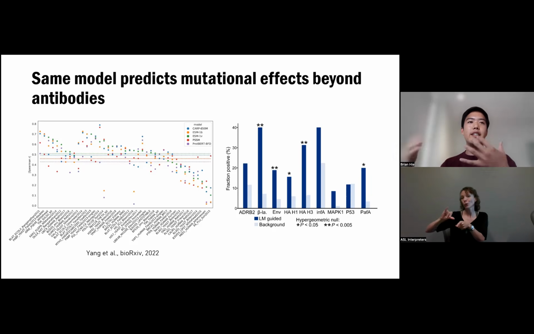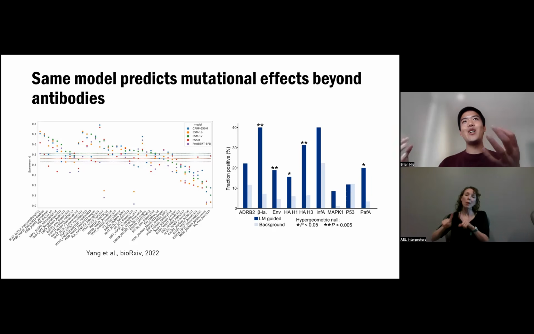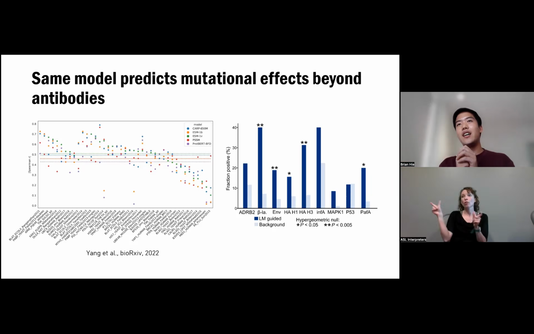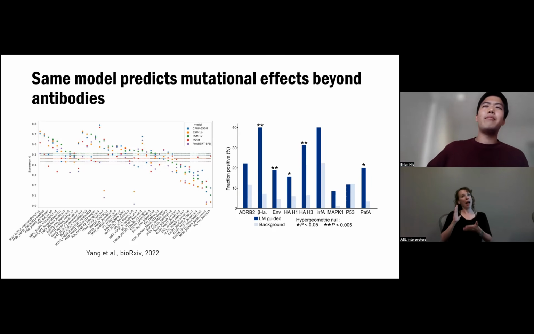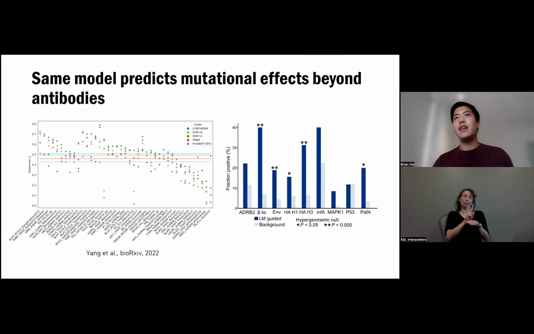But we do know that VDJ recombination is not uniformly random in its recombination events, so that's a really interesting question. Maybe beyond the scope of the models we use, but similar approaches might still apply.